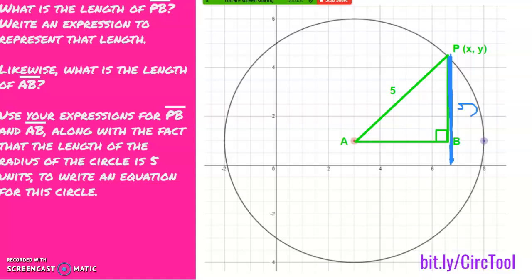Now, from the x-axis to the bottom of our triangle, how many is that? That is 1. Okay, this is 1 unit long.